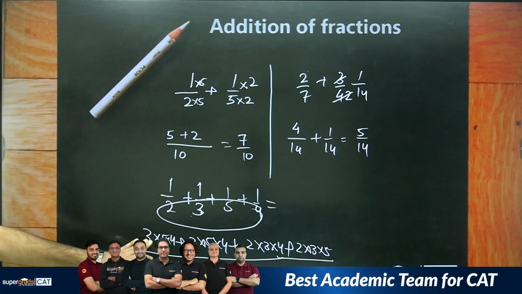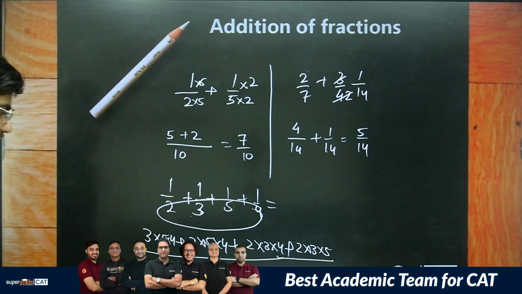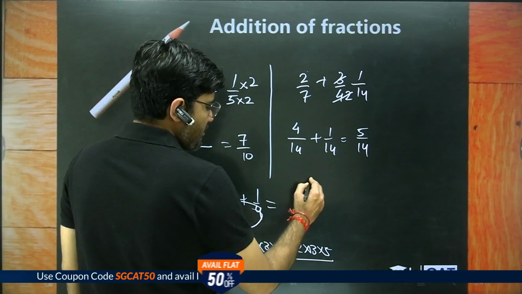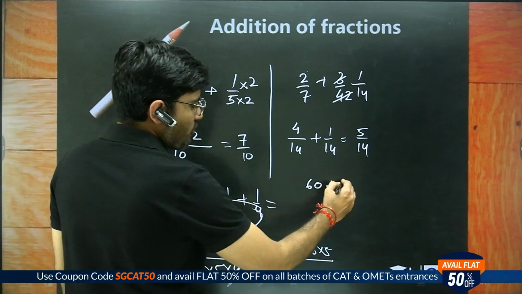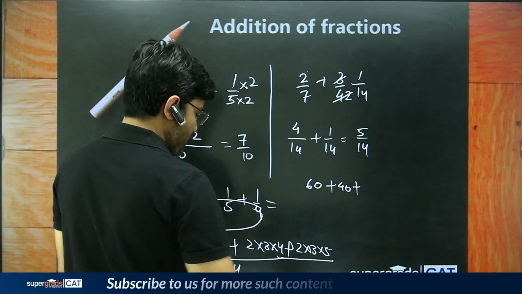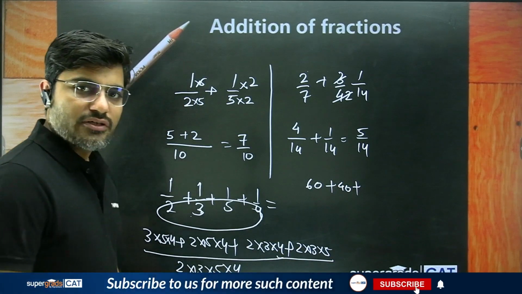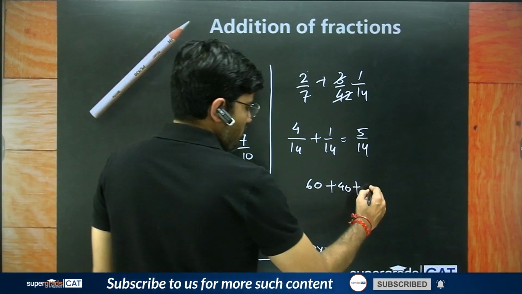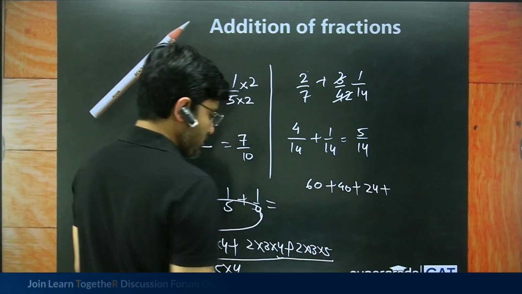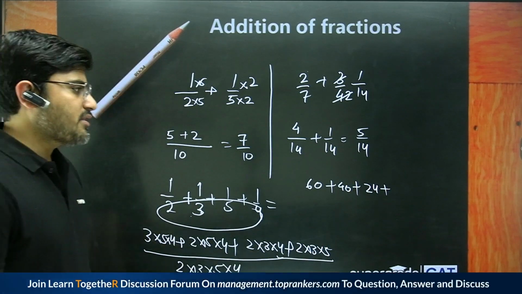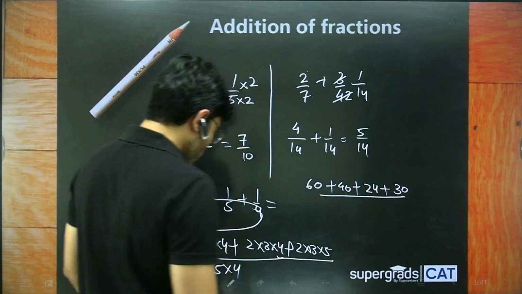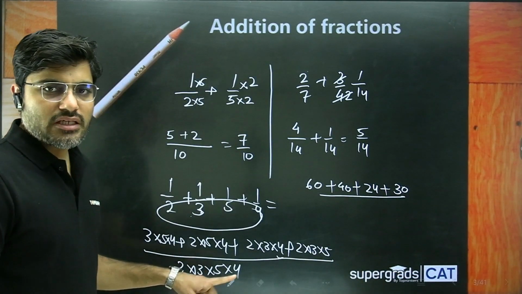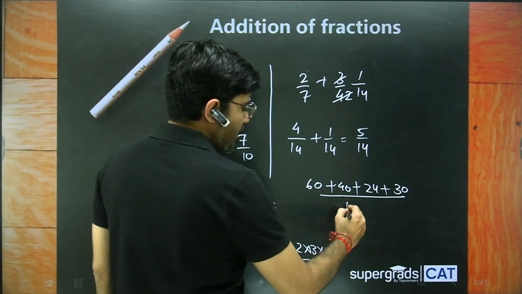3 into 5 15, 15 into 4 is 60, so it will be 60 plus 2 into 5 10, 10 into 4 is 40 plus 2 into 3 6, 6 into 4 is 24 plus 2 into 3 6, 6 into 5 is 30 upon 2 into 3 6, 6 into 5 30, 30 into 4 is 120.